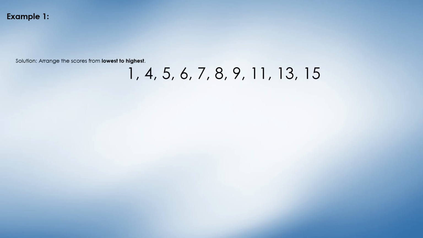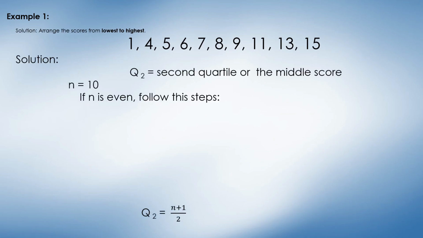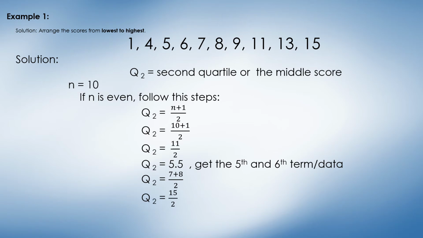And again, our second quartile is equal to 7.5. If we are going to check our answer, you can see here that the 5th and 6th terms or data are our middle terms. You can see that the position of 7 and 8 is located at the middle.